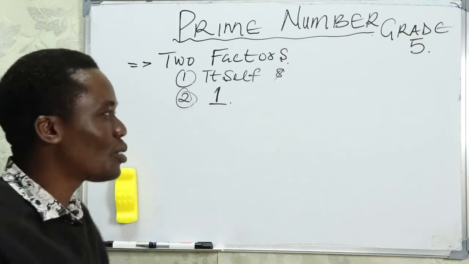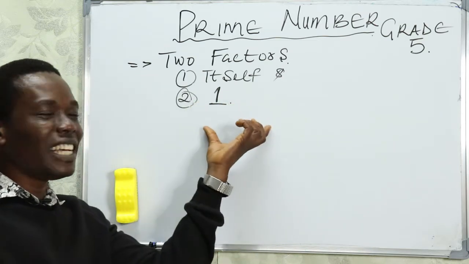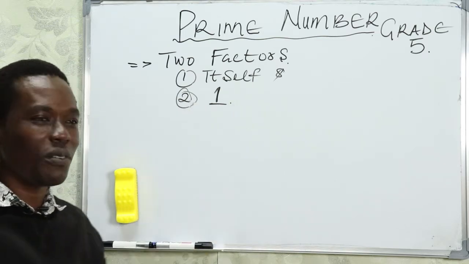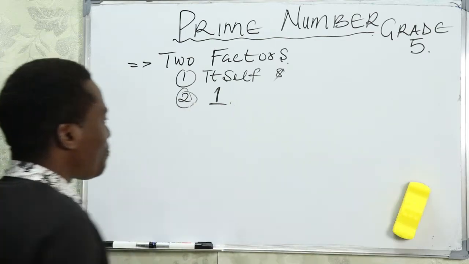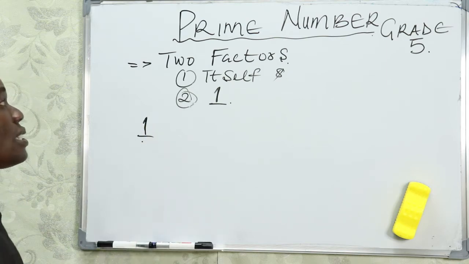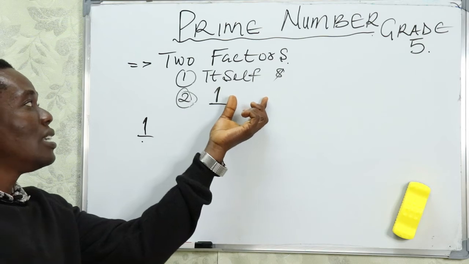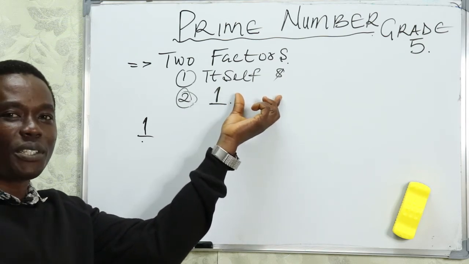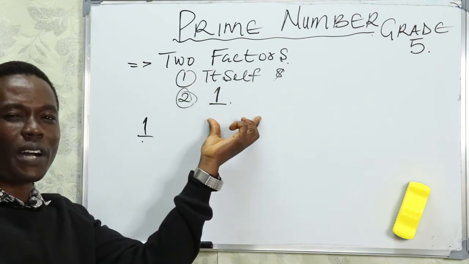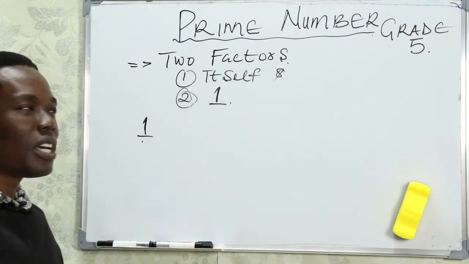But come and look at this. Let's analyze the number 1 with the criteria we've given. Any number that can be divided by itself and can be divided by 1 is a prime number.